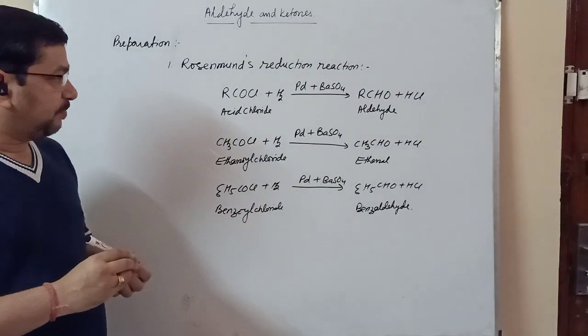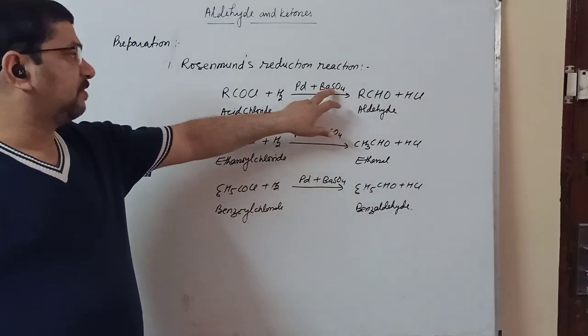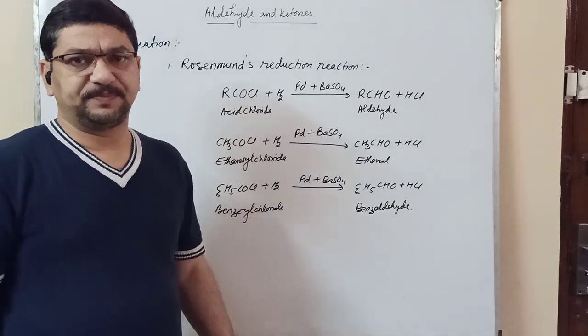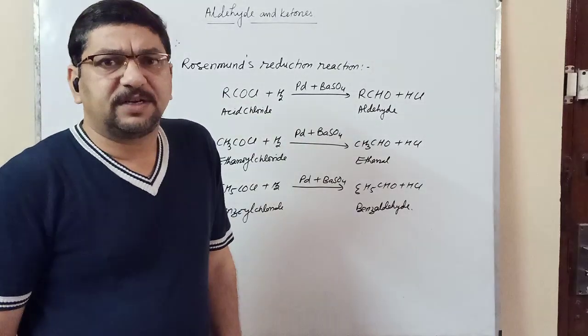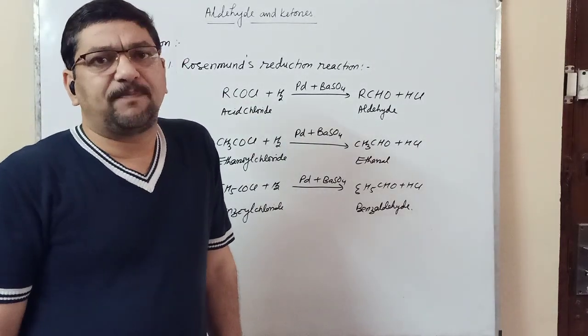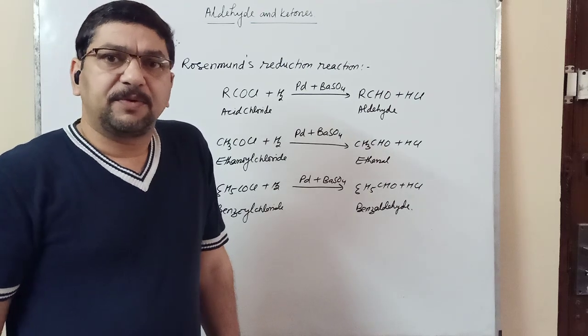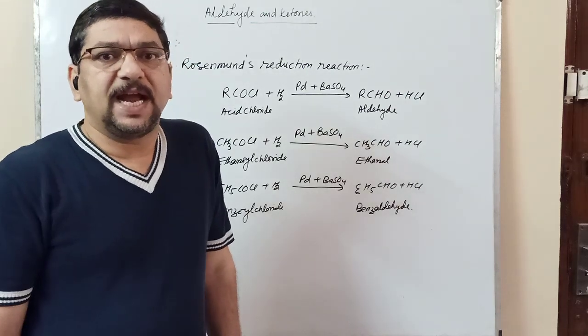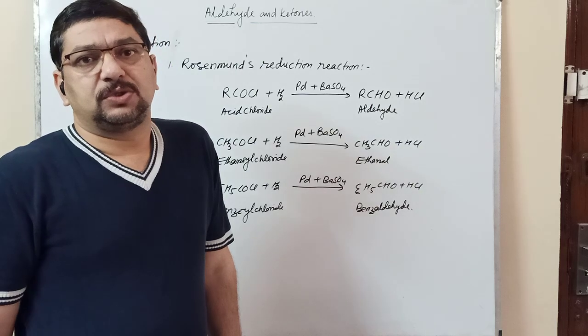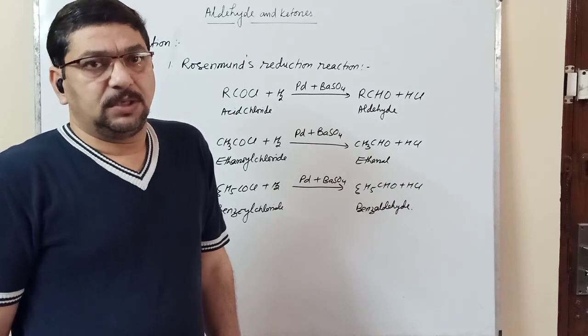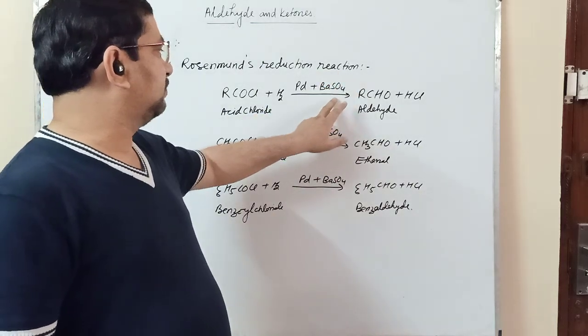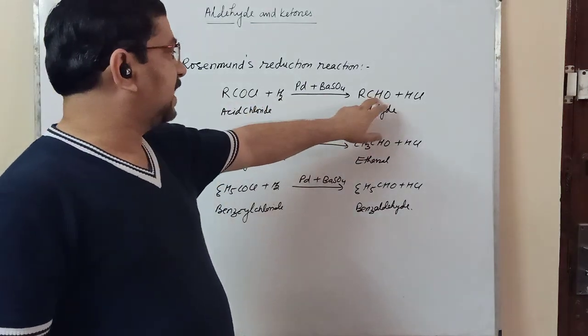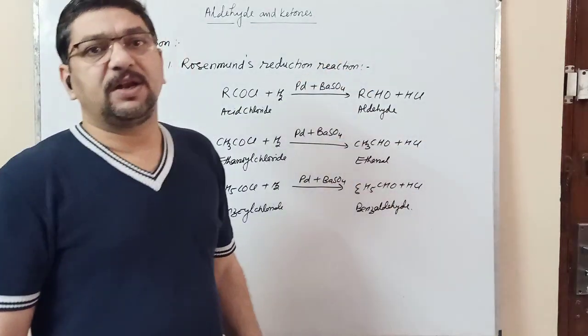Now, a very important reasoning here. What is the significance of barium sulfate here? Barium sulfate decreases the activity of palladium and prevents the further reduction of aldehyde to alcohol. So if we do not take this barium sulfate, then this aldehyde can be further reduced into alcohol.